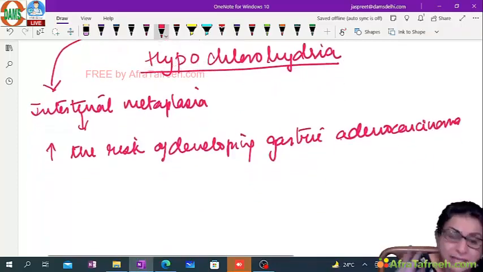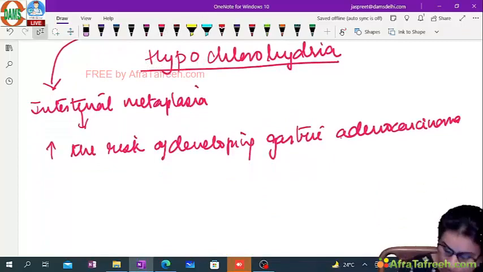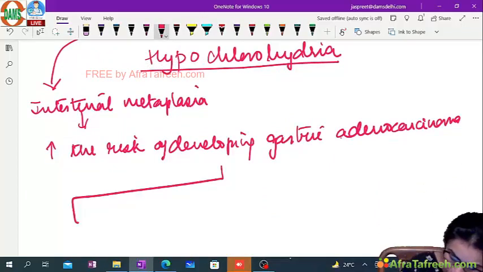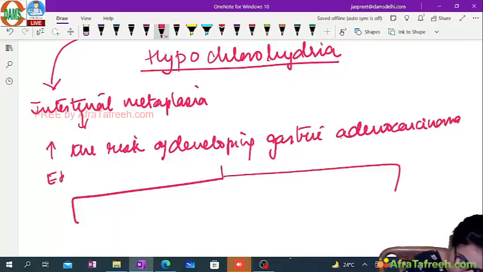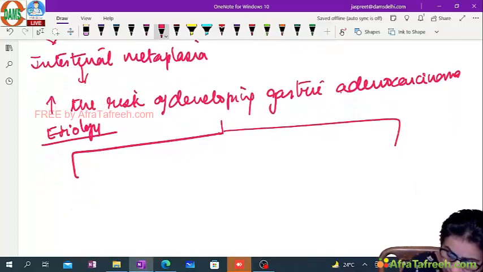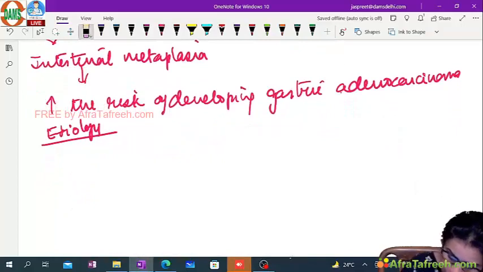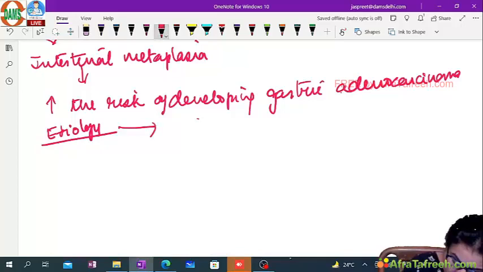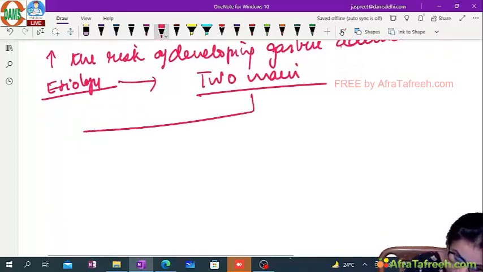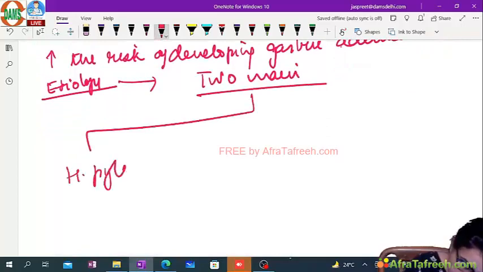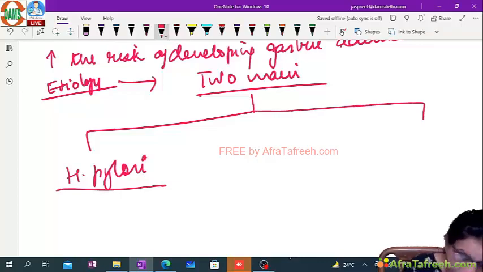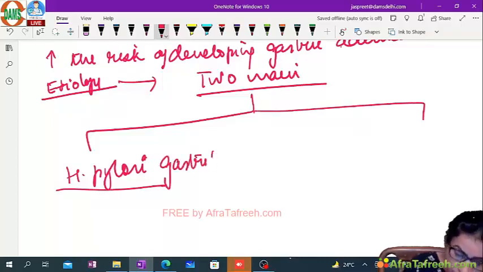Okay, now the two main etiological factors for chronic gastritis are, number one, H. pylori gastritis, H. pylori causing gastritis, and second is autoimmune gastritis.